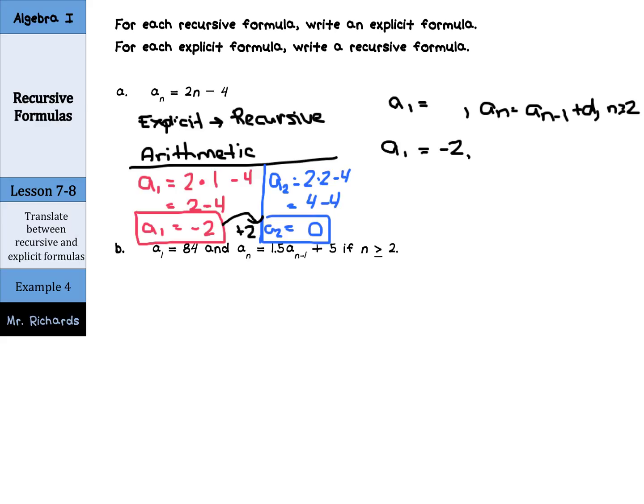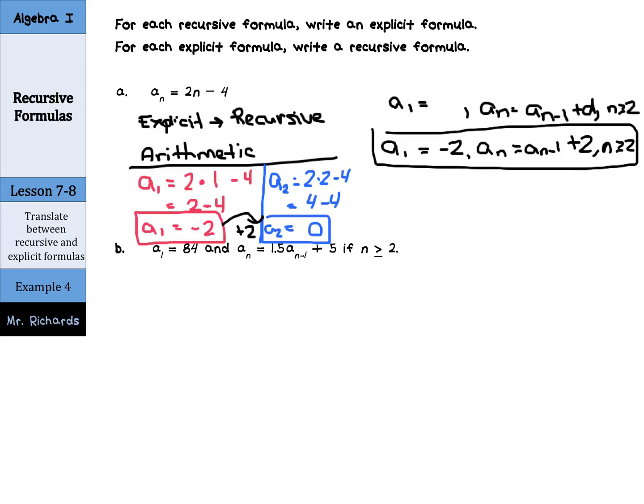So my common difference here is going to be adding 2. So I can finish this by saying any term, I can look at the previous term and add 2 as long as n is greater than or equal to 2. So first, we recognize we're going from explicit to recursive. We recognize that we're already given arithmetic. So we need to find the first term, which was negative 2.